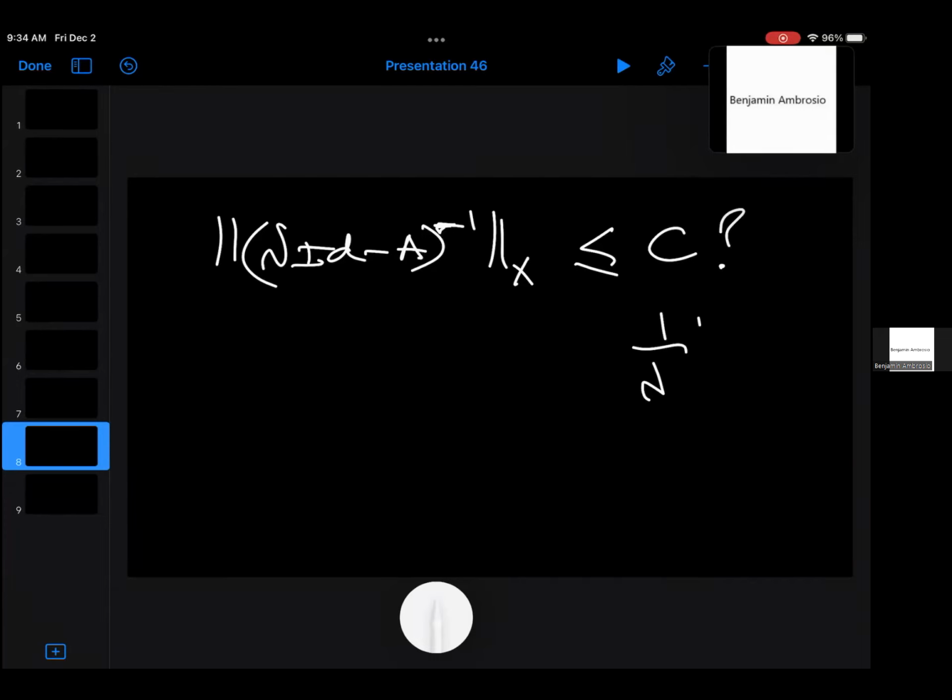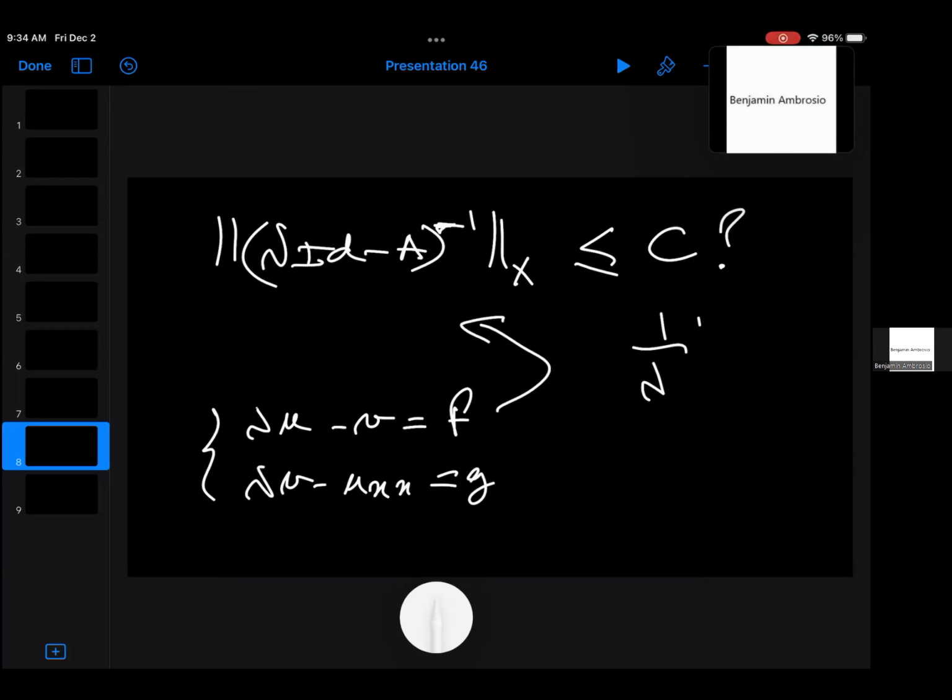So now what we have is that lambda u minus v equals f, and lambda v minus u xx equals g. I want to relate this equality with the scalar product in order to get this norm, and it's close to what we did last week.